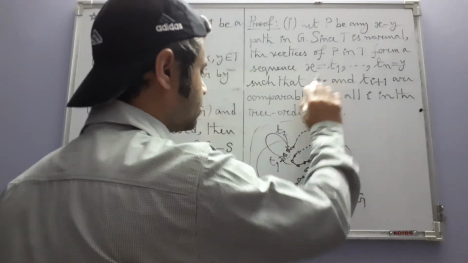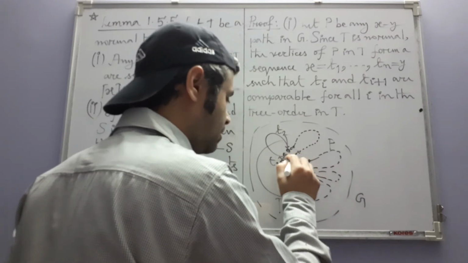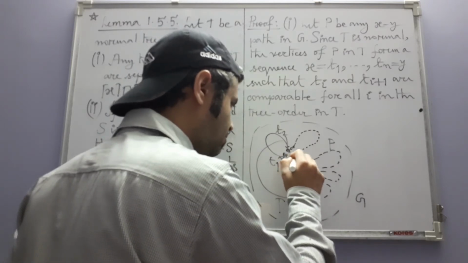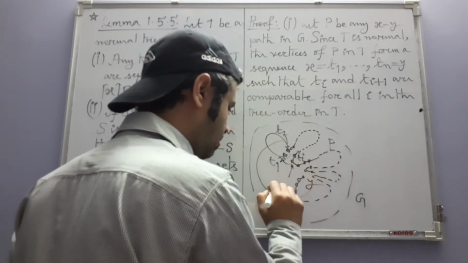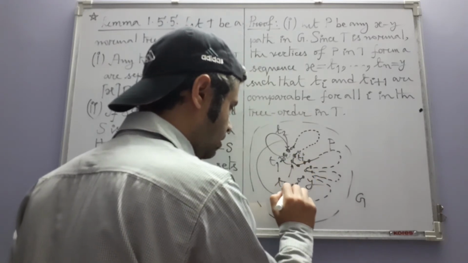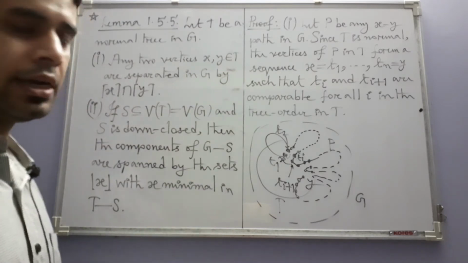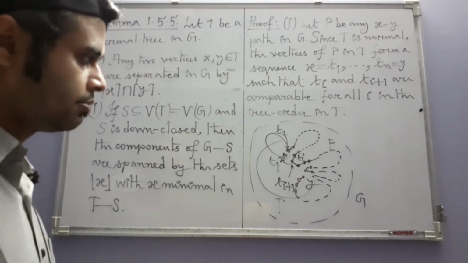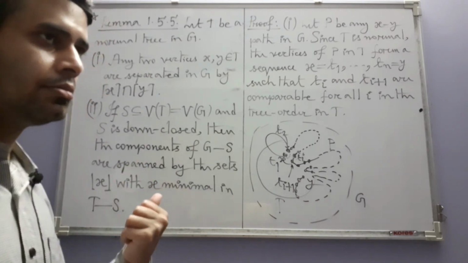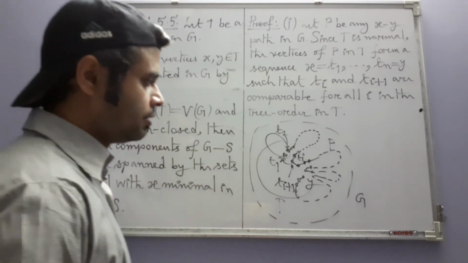Now, if the edge that joins two such vertices, Ti and Ti plus 1, if that edge belongs to T, then Ti and Ti plus 1 are comparable, and this is a fact which has already been mentioned when we introduced the tree order. Do you know why?